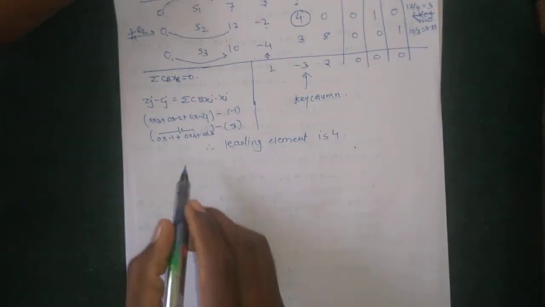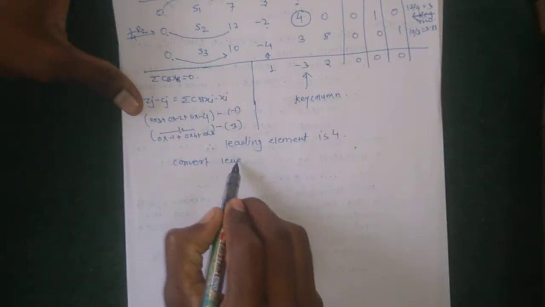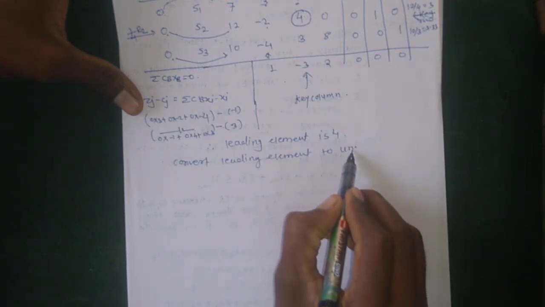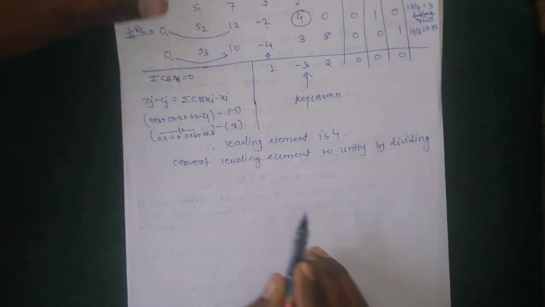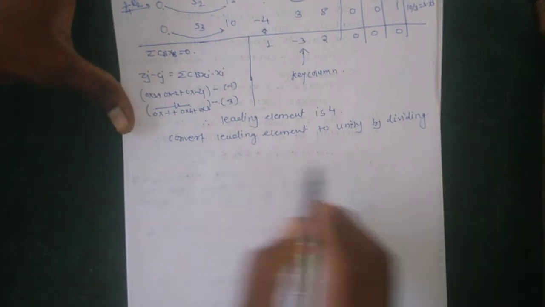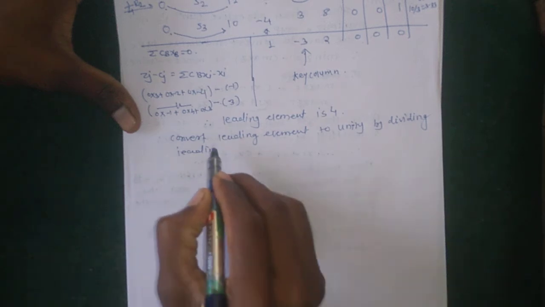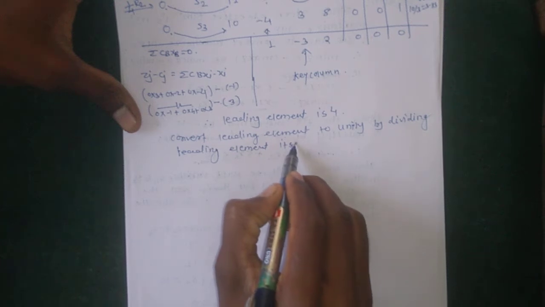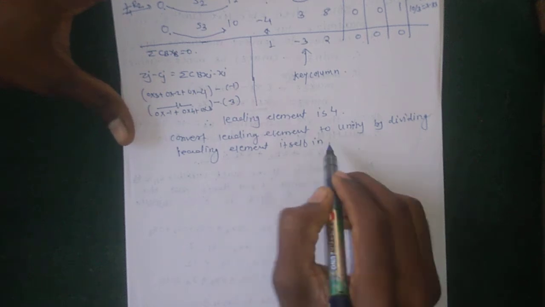Okay, the leading element is 4, therefore convert the leading element to unity by dividing the leading element itself in that row.